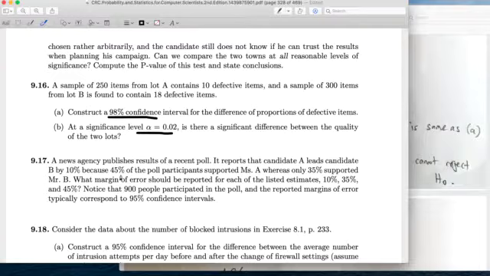We should also know the size of the sample: 900 people were used in this survey.